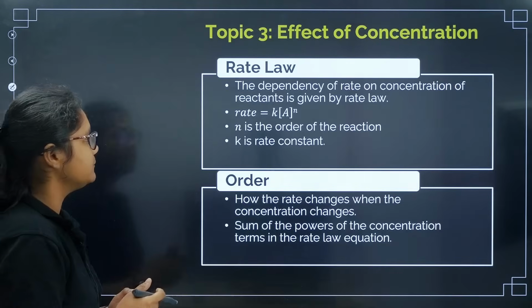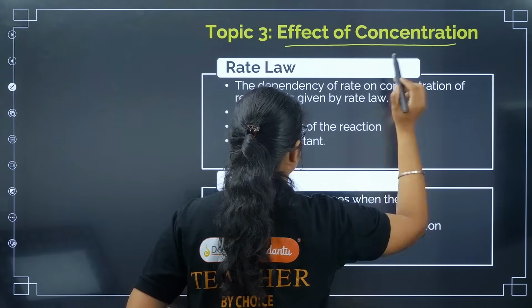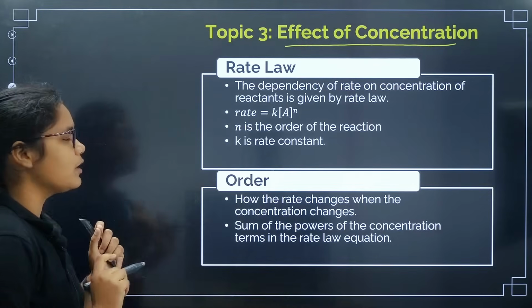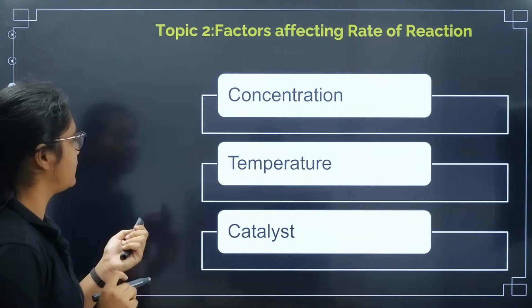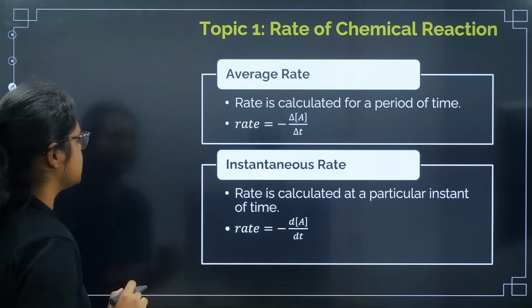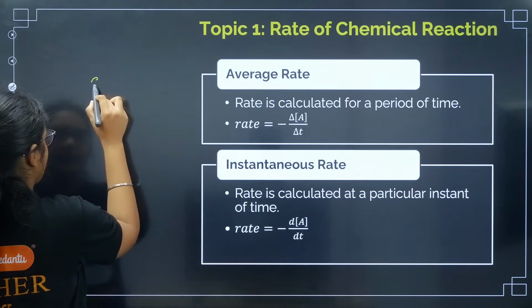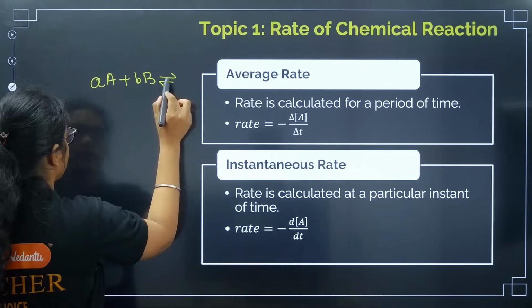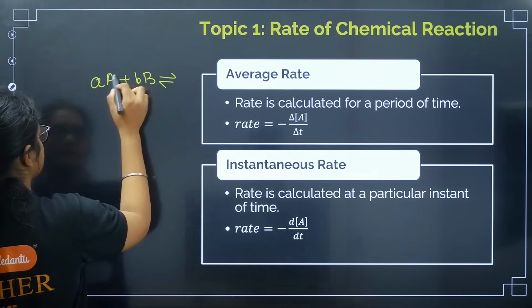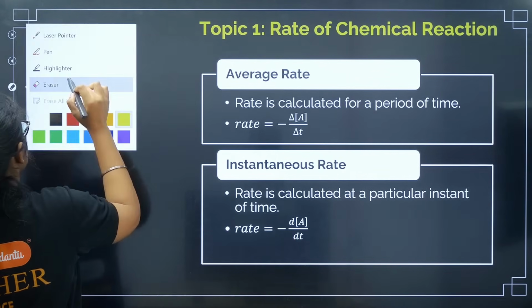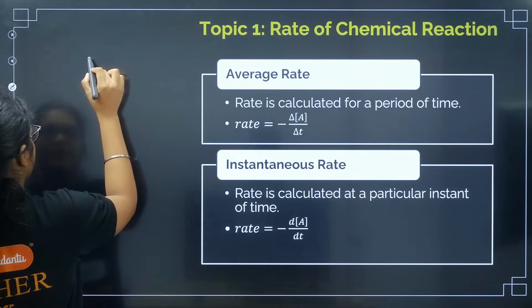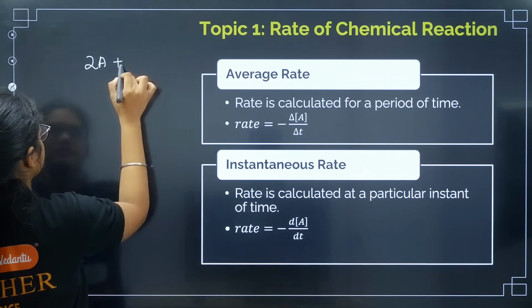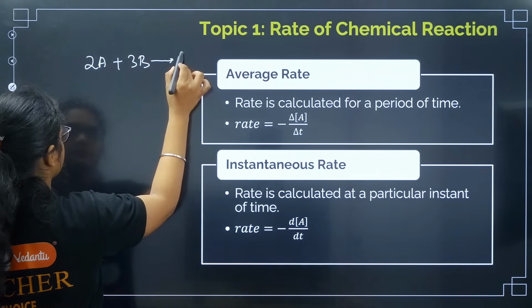Now first, the effect of concentration. First of all, you should know how to write the equation. Suppose you have a reaction 2A plus 3B gives 4C.